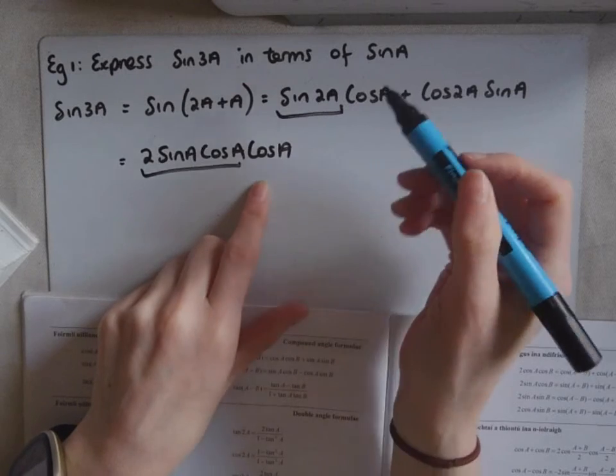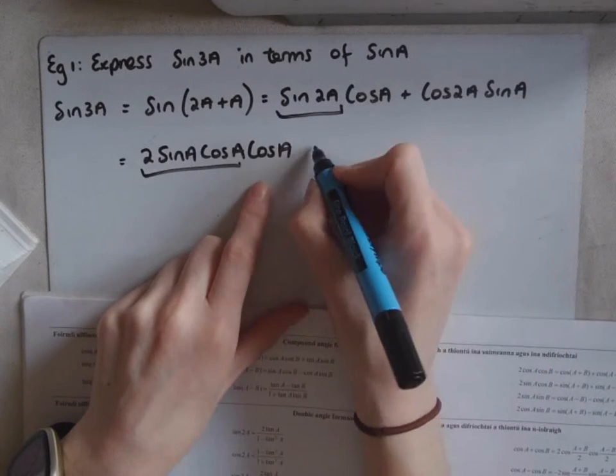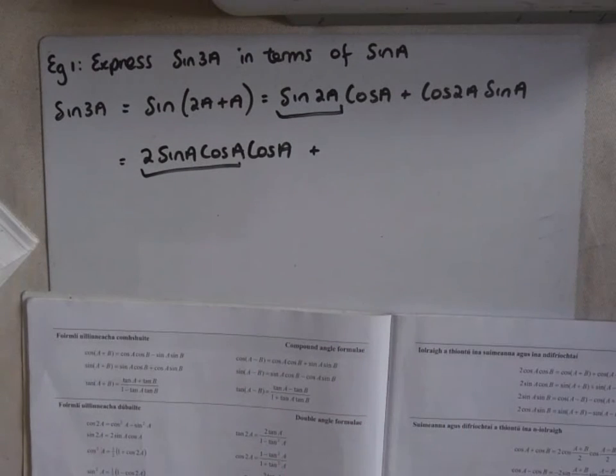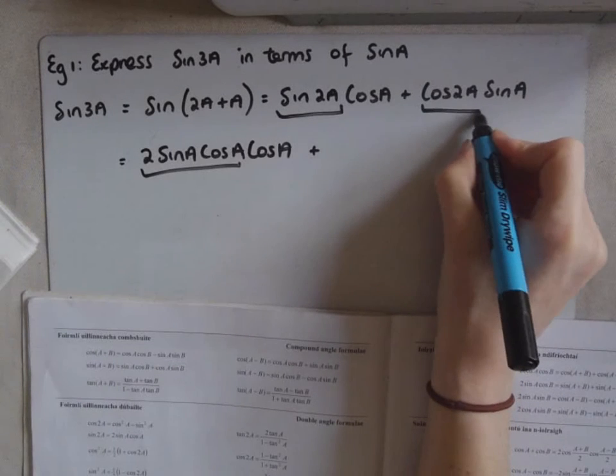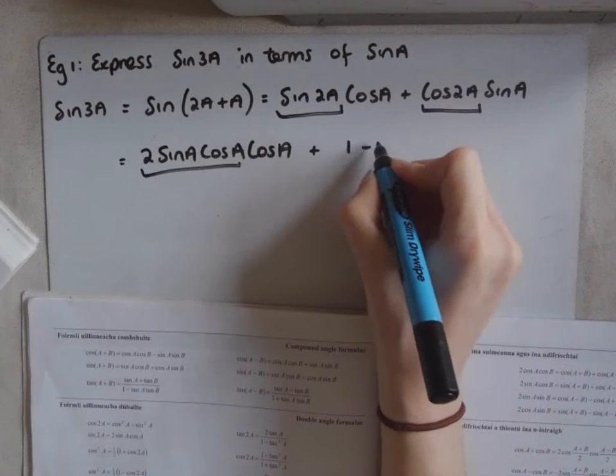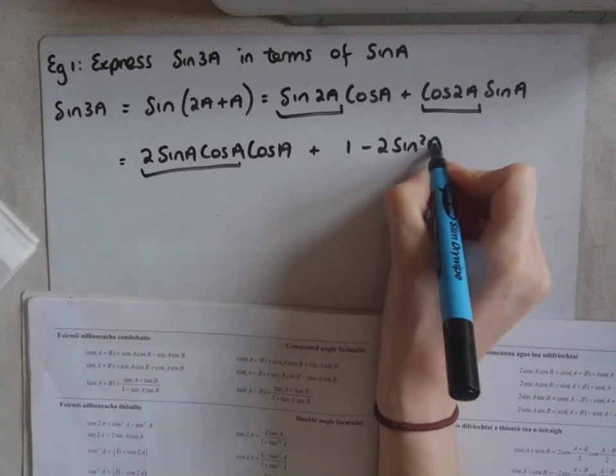You're also going to replace cos of 2a. Now you've lots of options for cos of 2a. I really only want the one that's going to have sine in it. So go and have a look for cos of 2a, and I know that this bit here is 1 minus 2 sine squared a.